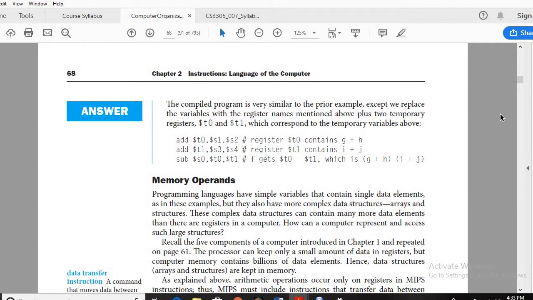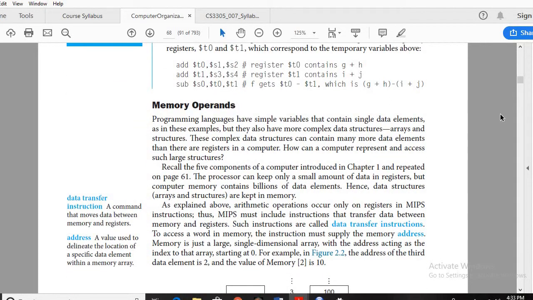The compiled program is very similar to the prior example, except that we replace the variables with the register names mentioned above, plus two temporary registers, $t0 and $t1, which correspond to the temporary variables above. Adding the operands in the brackets, and then finally subtracting the final operation of the expression. Memory operands.